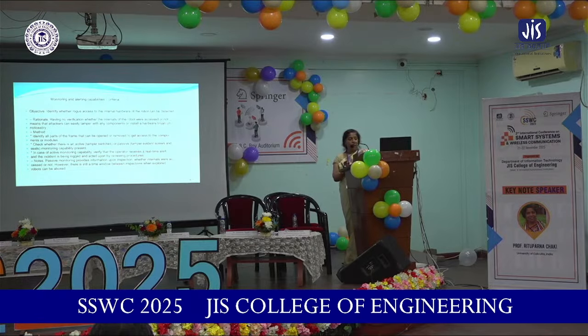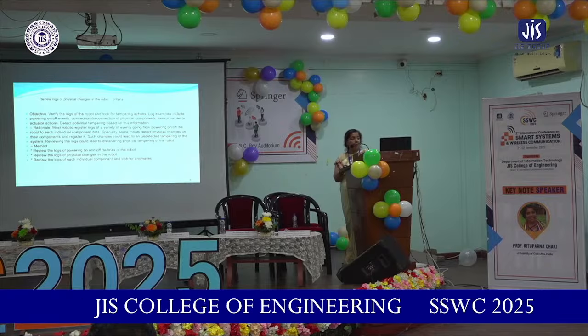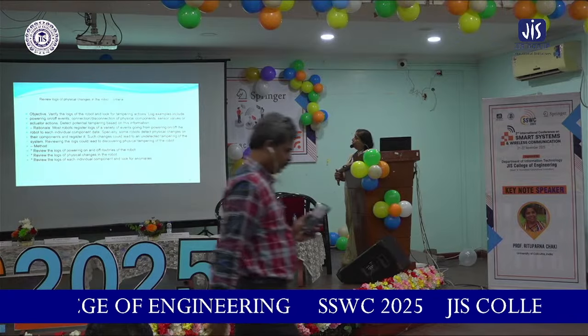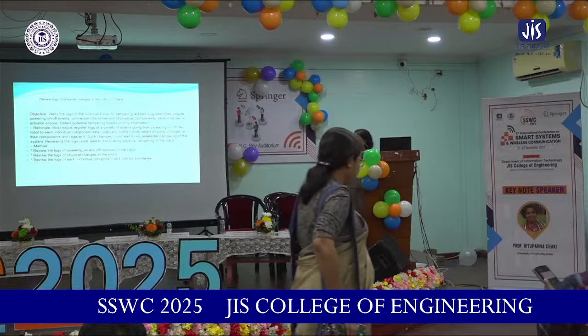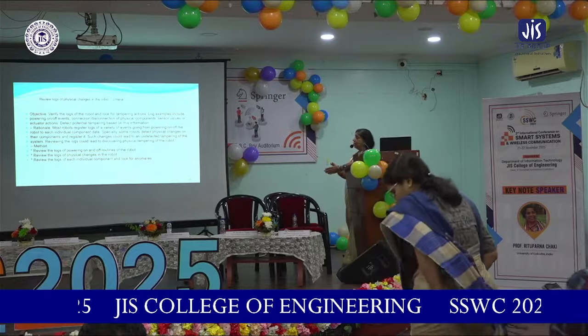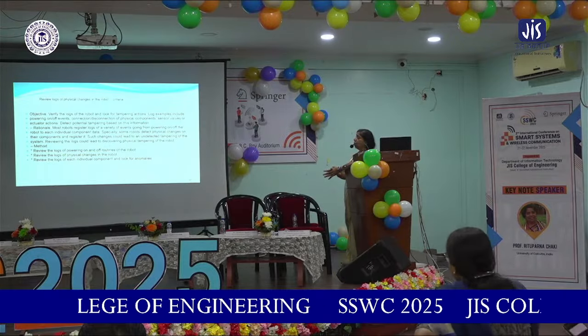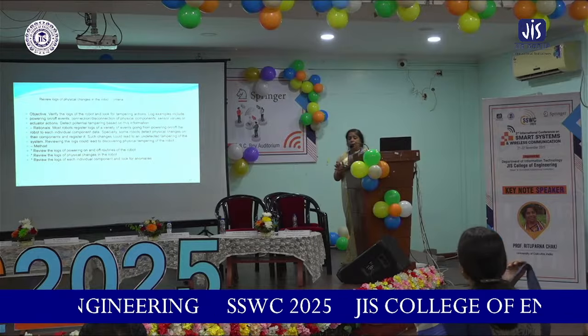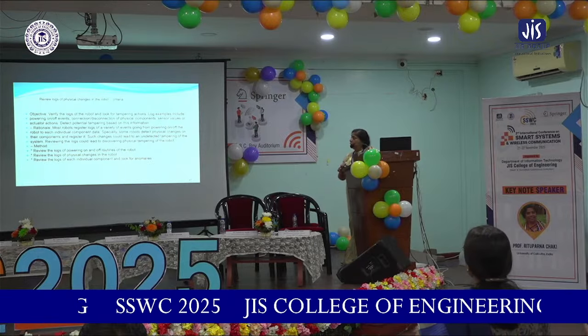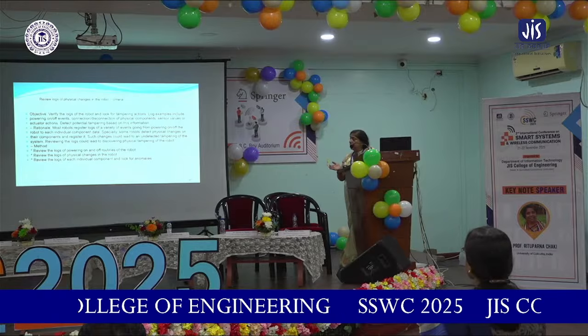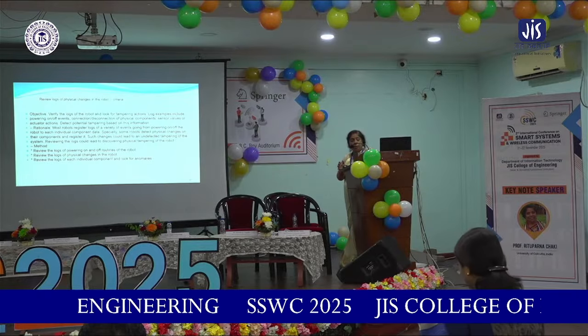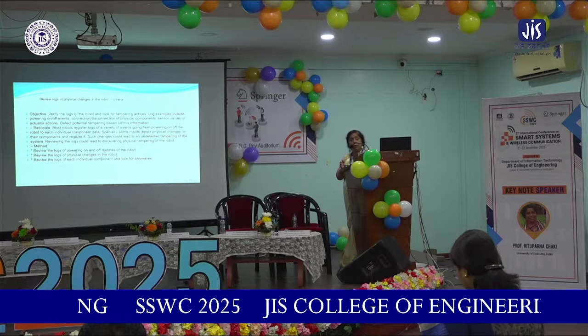So that is one thing that is being taken care of by this particular framework. And also, considering the review logs of physical changes in the robot, that is one thing where the objective is to verify the logs of the robot and look for any kind of tampering action. Obviously, the physical security parts are much easily understandable and implementable. So let's now look forward to the network layer.